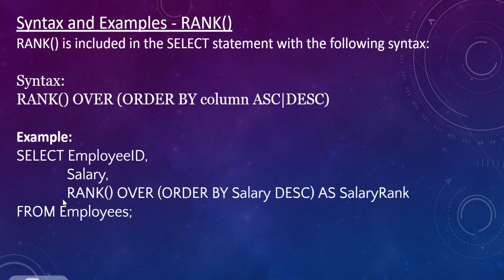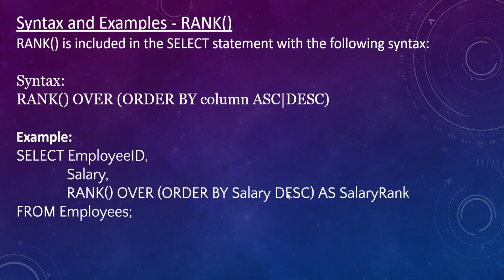This is how we write the query: RANK, then the brackets, which are all part of the syntax, OVER, then ORDER BY. This is the column on which we want to provide the rank, and as I mentioned, DESC means the salary will be in descending order.